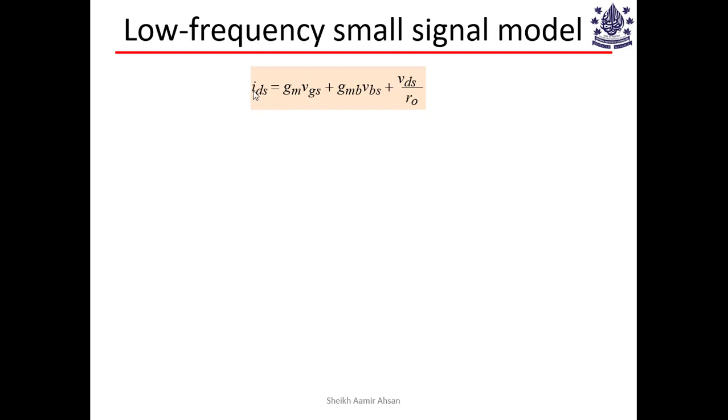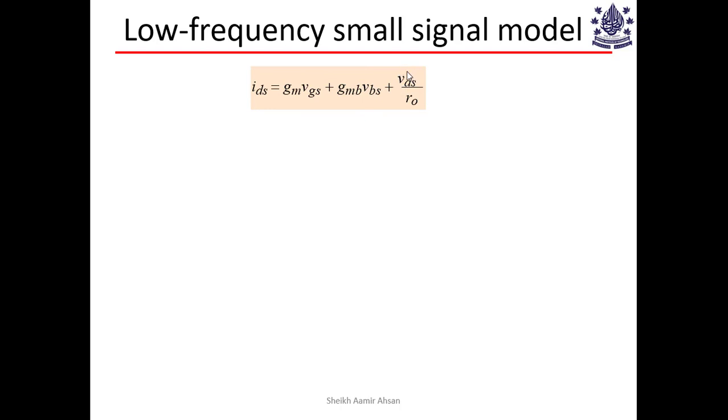So IDS, the overall drain to source current. If you want to extend this logic to a MOSFET, the overall drain to source small signal current is a sum of these three things, right? We have one current that comes because of the dependence of the drain current on the gate voltage. The second thing is the dependence of the drain current on the body to source voltage.